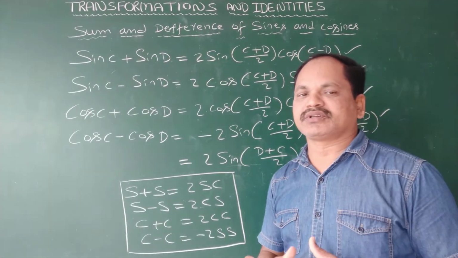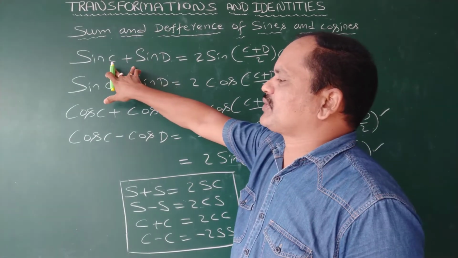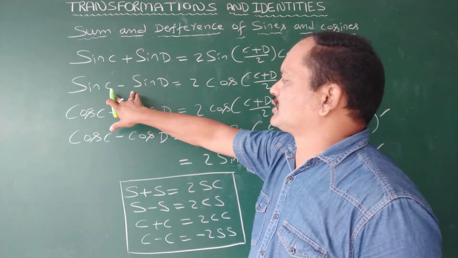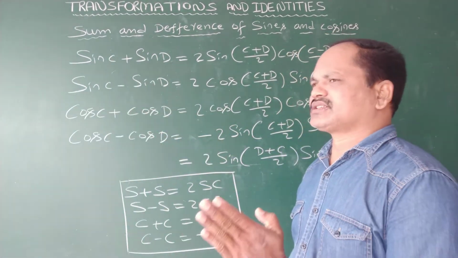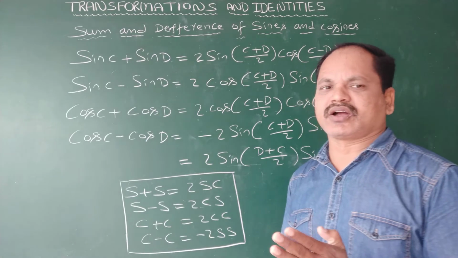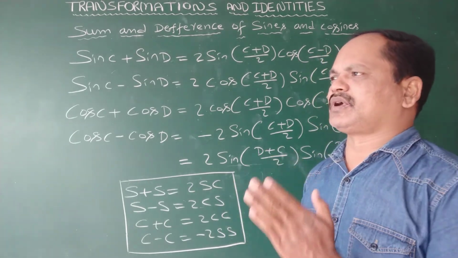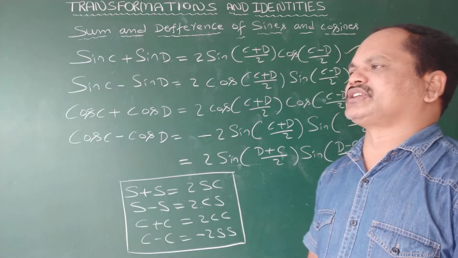Moreover, you observe that the two functions involved here are both sine or both cosine. Sin C + sin D exists. Cos C + cos D exists. Sin C - sin D has a formula. Cos C - cos D has a formula.